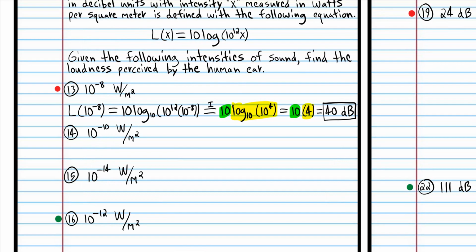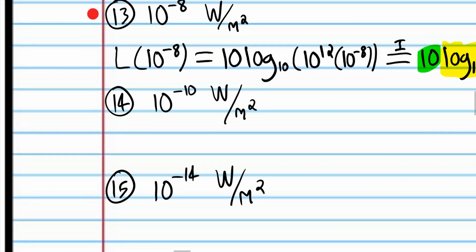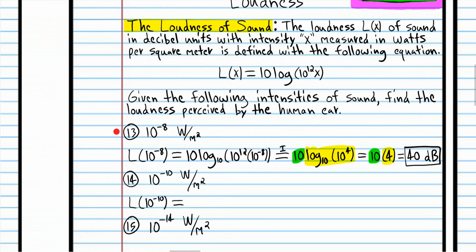Okay, so let's try another one of those. The intensity of the sound is 10 to the negative 10 watts per square meter. And again, notice we're using function notation. You see this? This means that we're plugging in an input into the function, and the output is going to be L of x.